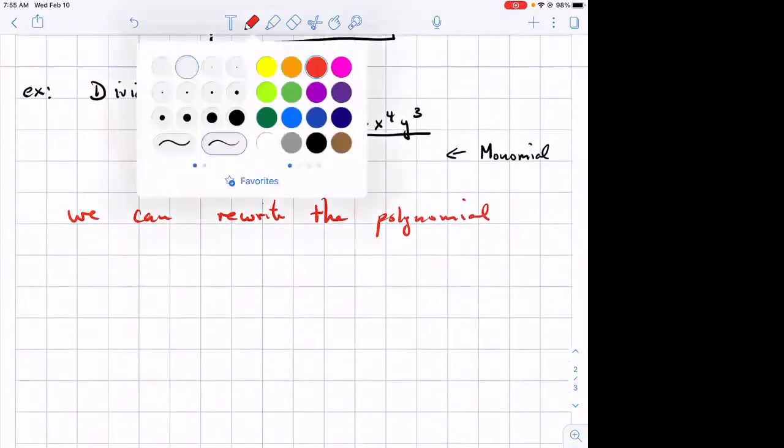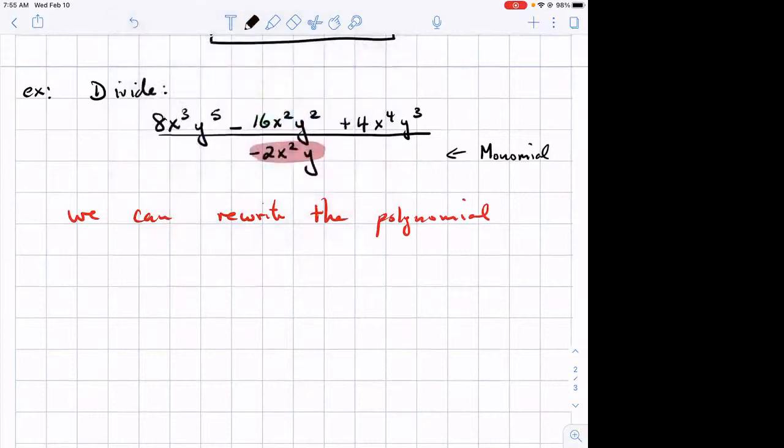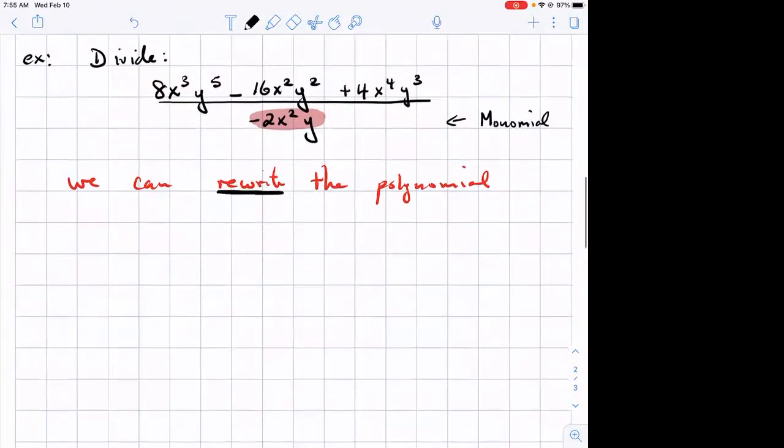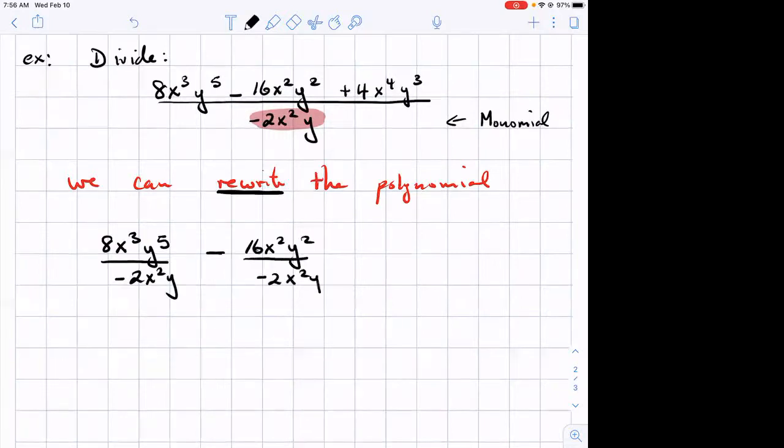If we do this, and I would strongly urge you to rewrite the polynomial, I'll show you a common mistake that occurs when we don't rewrite the polynomial. So we have 8x cubed y to the 5th divided by minus 2x squared y. Then we have minus 16x squared y squared divided by minus 2x squared y.